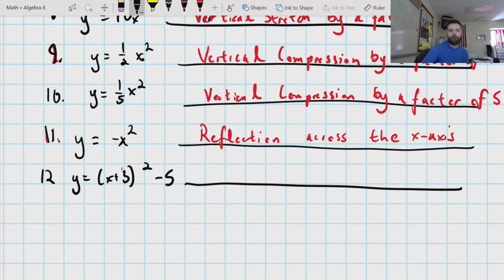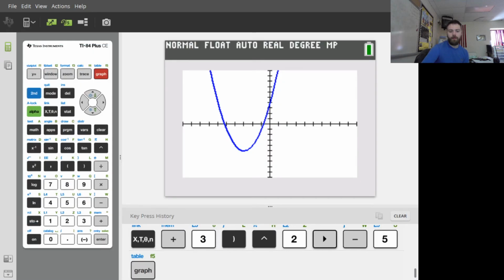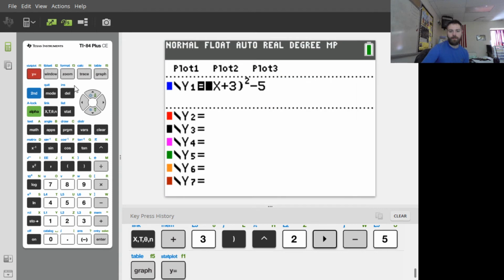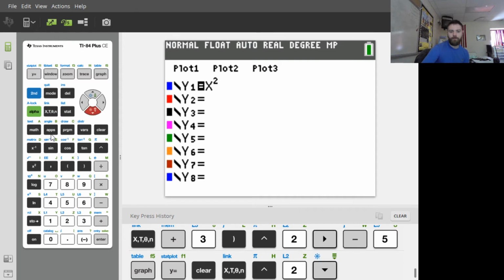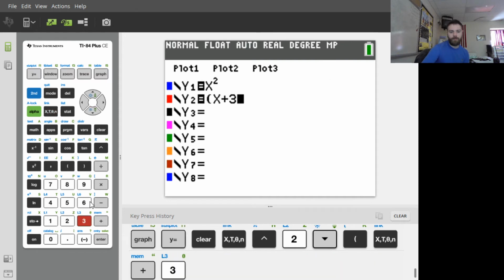So you can use more than one shift at a time is what this is trying to get at. So sorry about that. You can get to see that. So I'm going to put in here x squared, and I'm going to do that again. So x plus 3 quantity squared minus 5.